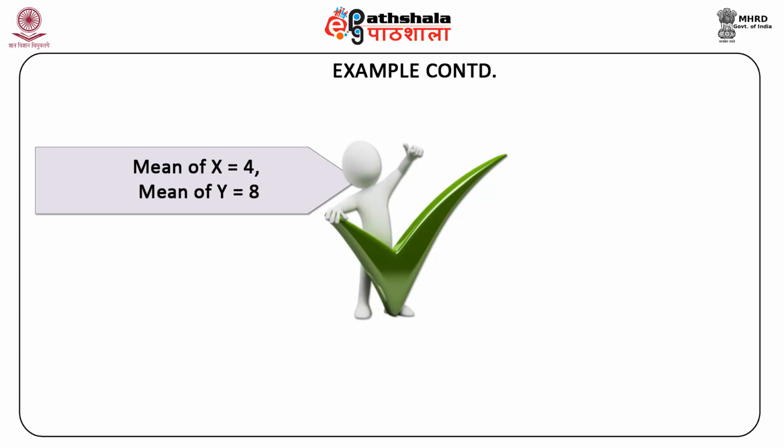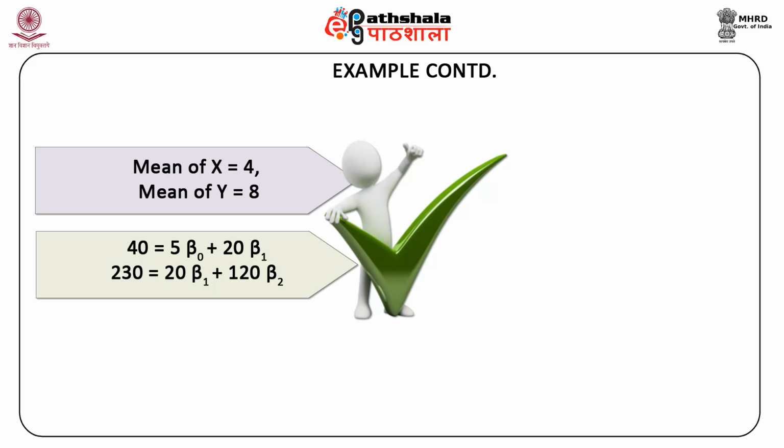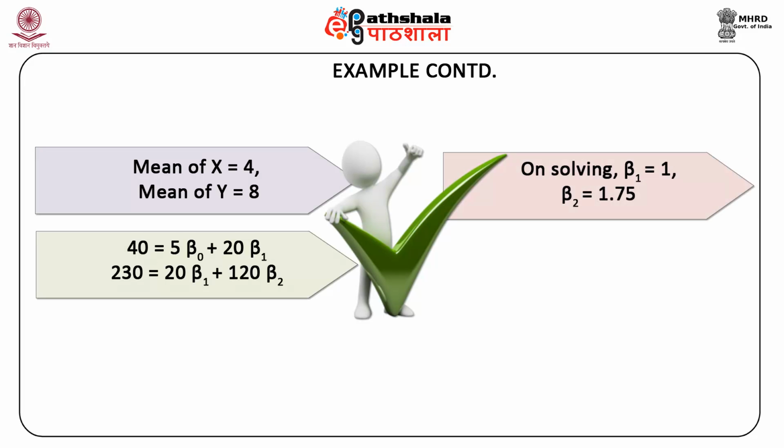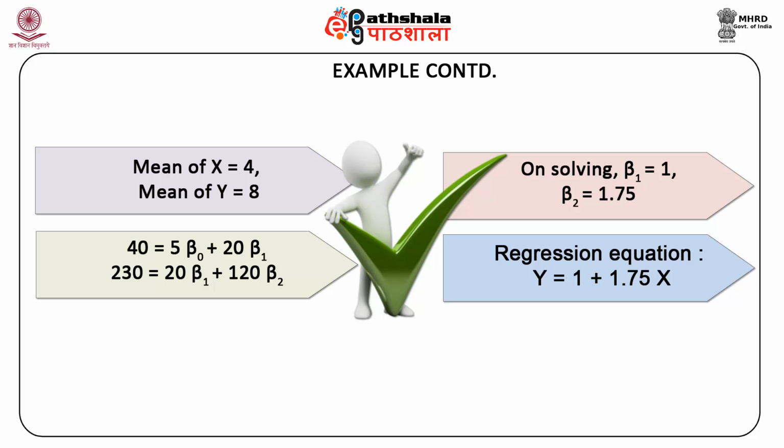Therefore, by substituting the above calculated values in the two equations, we can write 40 is equal to 5 beta 1 plus 20 beta 2, and 230 is equal to 20 beta 1 plus 120 beta 2. Solving for beta 1 and beta 2, we have beta 1 is equal to 1, beta 2 is equal to 1.75, and the regression equation is y is equal to 1 plus 1.75x.